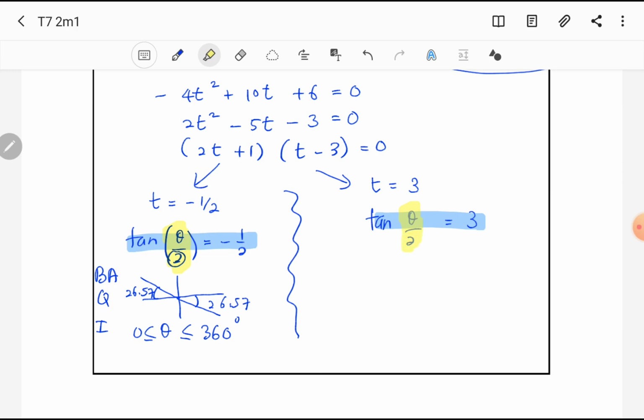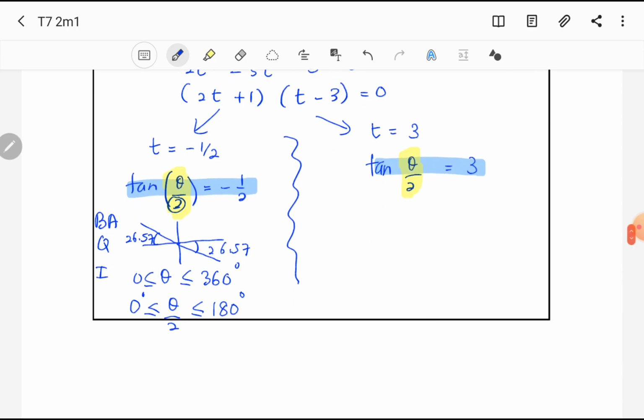So the new interval will be theta over 2 between, we divide by 2, 0 until 180 degrees only. Therefore, kita kena consider positive angle, but half rotation only.